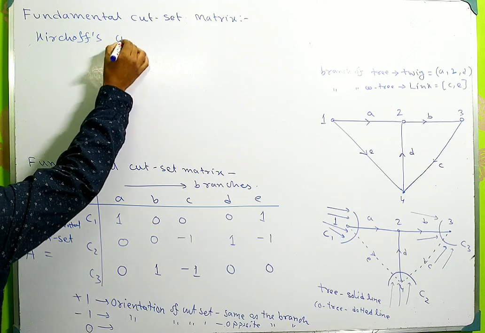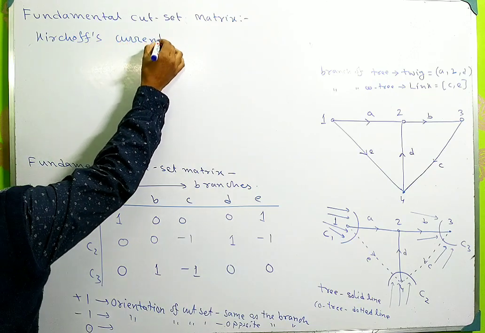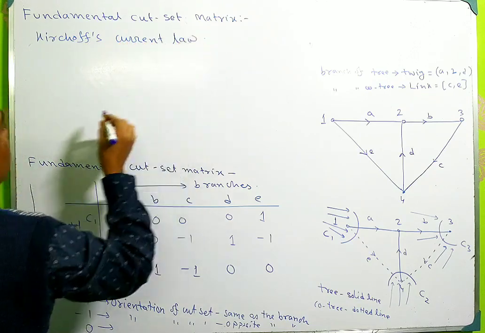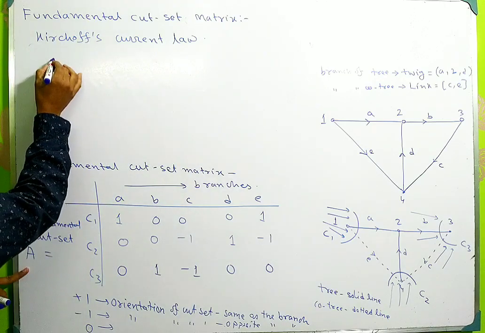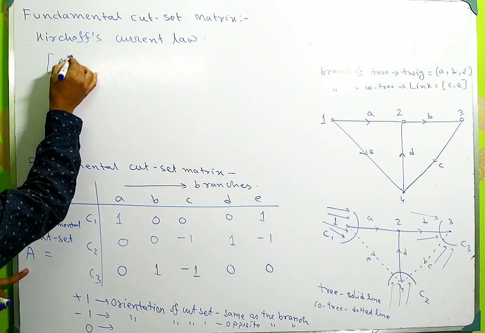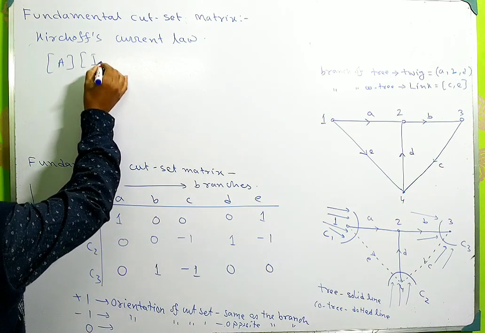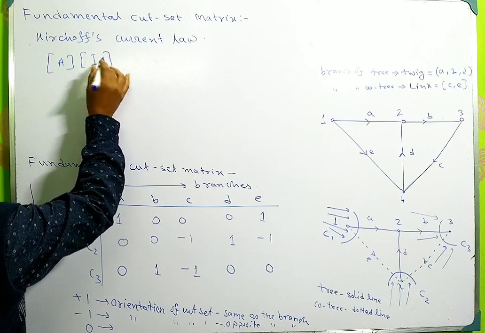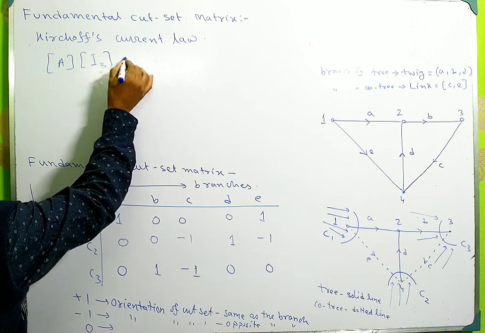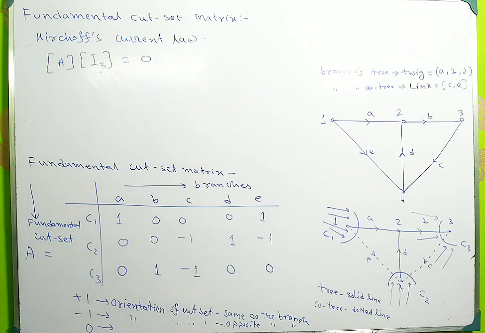Kirchhoff's current law is the fundamental cut set matrix A multiplied by I, that means the branch current, must be equal to 0.